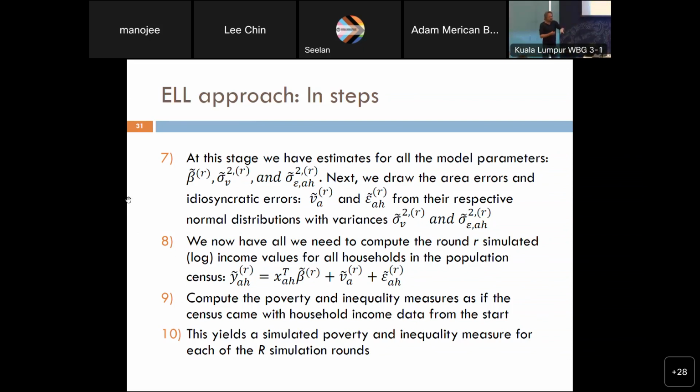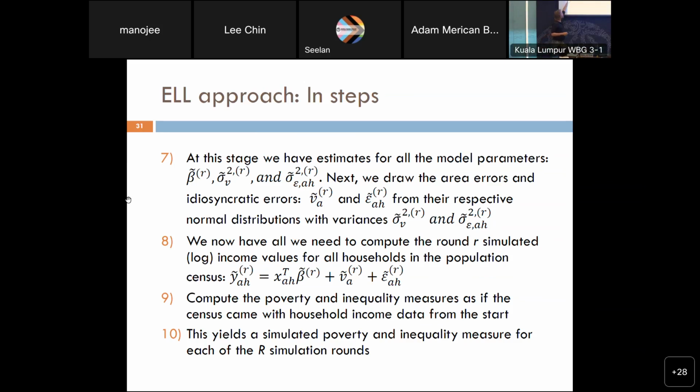So they implement a non-parametric strategy: having decomposed the total error into area errors and household-specific errors, they draw with equal probability from these empirical residuals. This respects the shape of whatever distribution the data offers you.